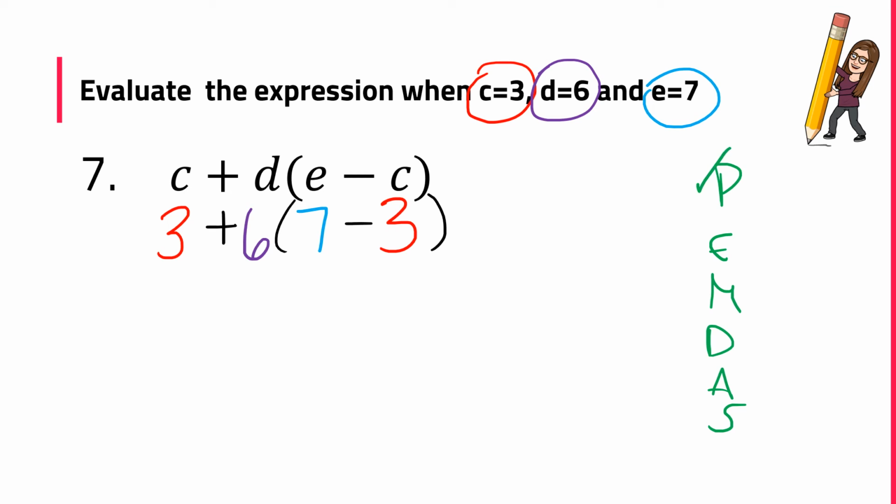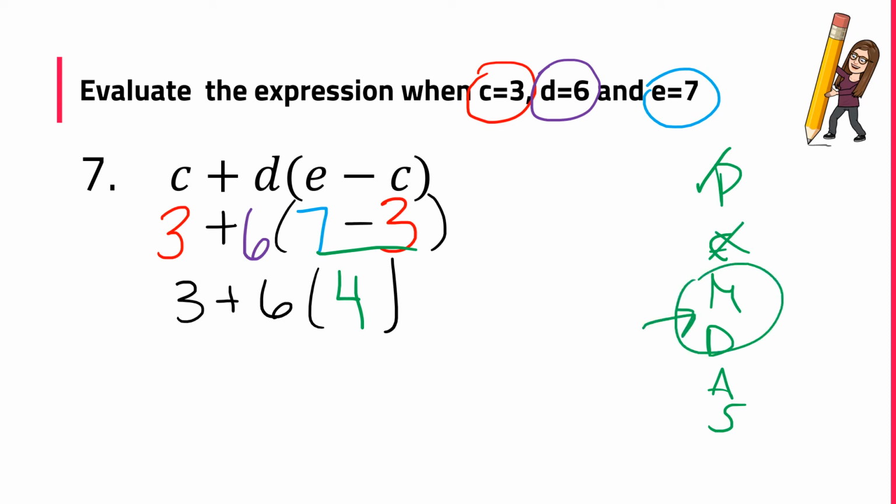Parentheses first. Yup, 7 minus 3 is in parentheses, so that's going to become a 4. Everything else falls down. Next is exponents. Nope, none of those. Next is multiply or divide. I do. Now you'll notice it says 6 parentheses 4. Parentheses like that are the same as a dot. So let me show you.